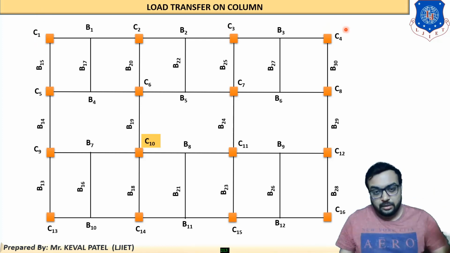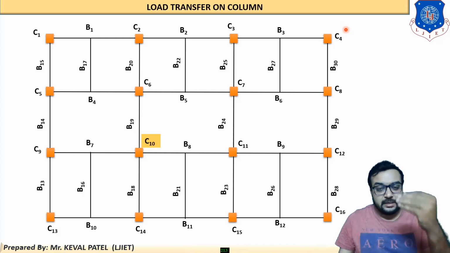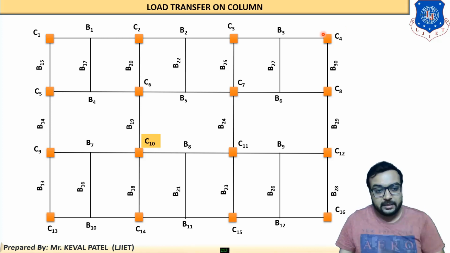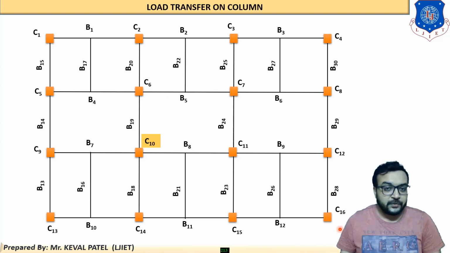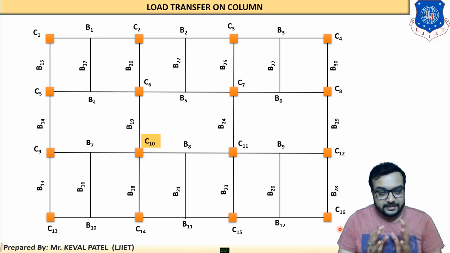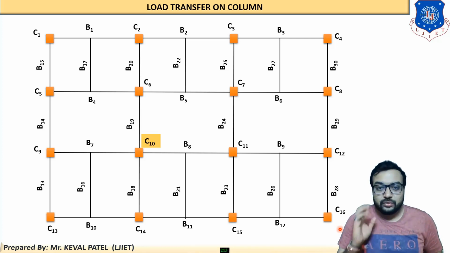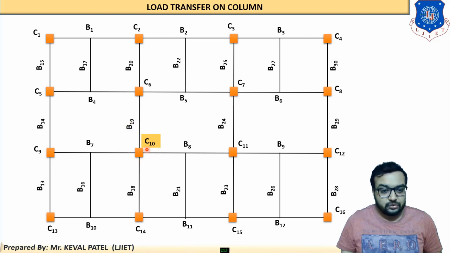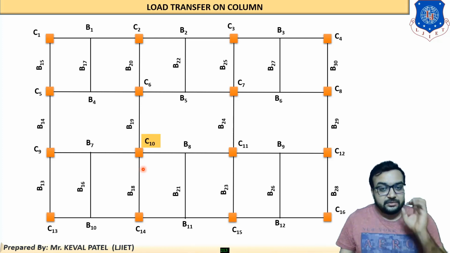After completing the top horizontal line, move to the downward side and again start from left to right. So C5, C6 and up to C16. In this example, we have to design column number C10. This is our column C10, and this figure is also used in our beam design.